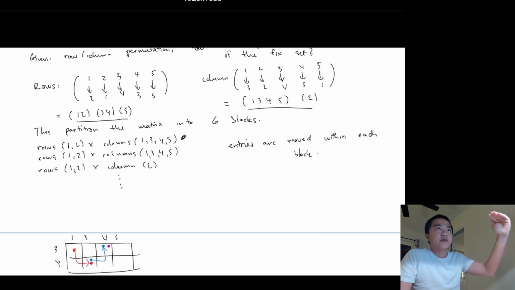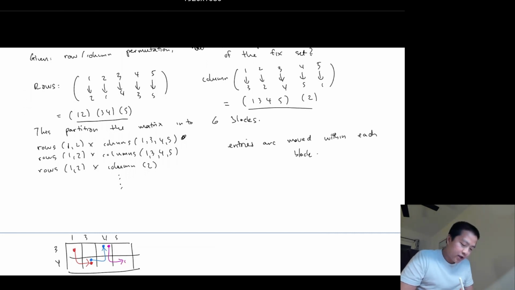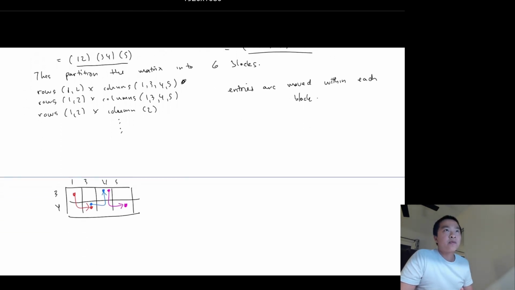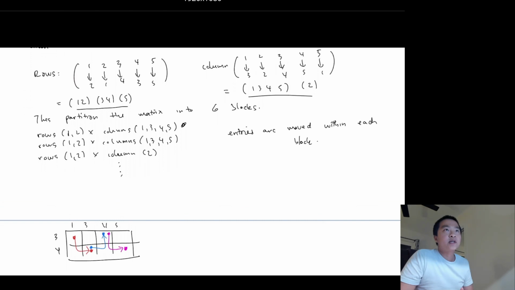Again, row 4 will be exchanged with row 3, and column 4 will be exchanged with column 5, so this entry will end up here. Now where does this entry end up?